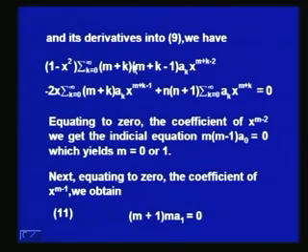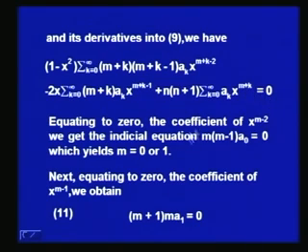This we get after differentiating 2 times. Then −2x Σ (m + k) a_k x^(m+k−1). This we get after we differentiate once. Plus n(n + 1) y, that is Σ a_k x^(m+k), equal to 0.